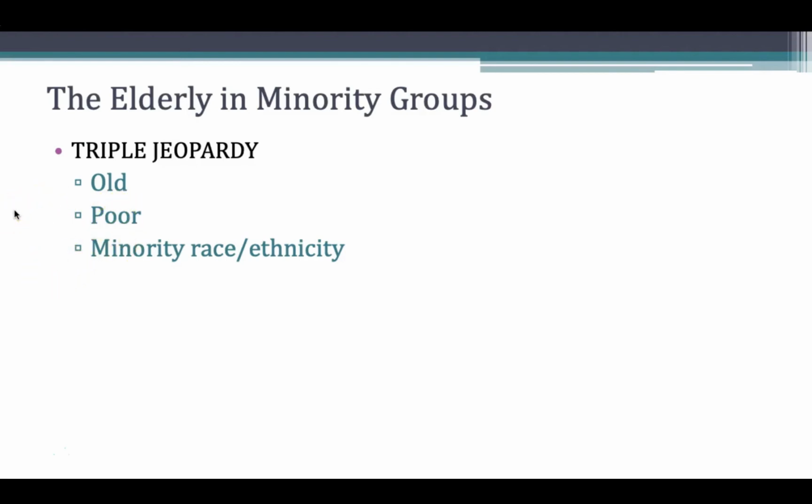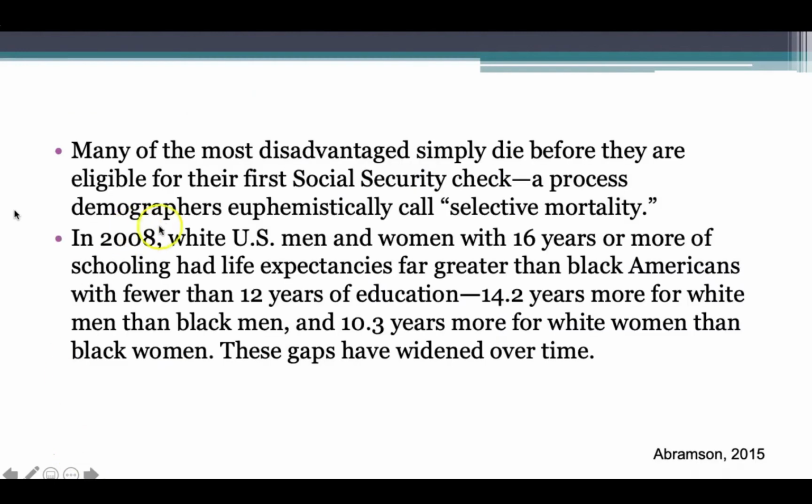And so the challenges that they face may be more difficult than, for example, a younger, wealthy white man. Some of the things that Abramson talks about is a lot of people just are not going to live as long because they have fewer resources.